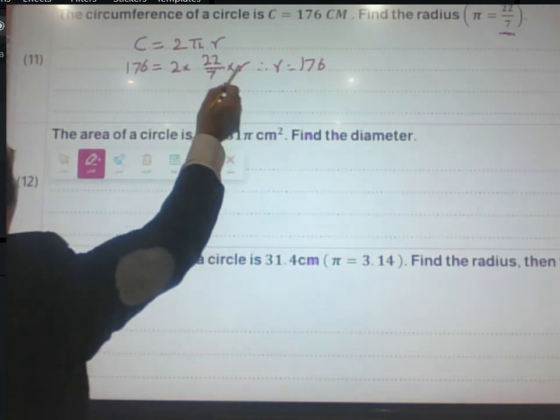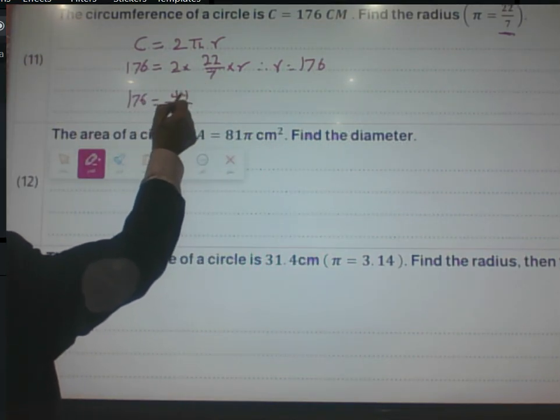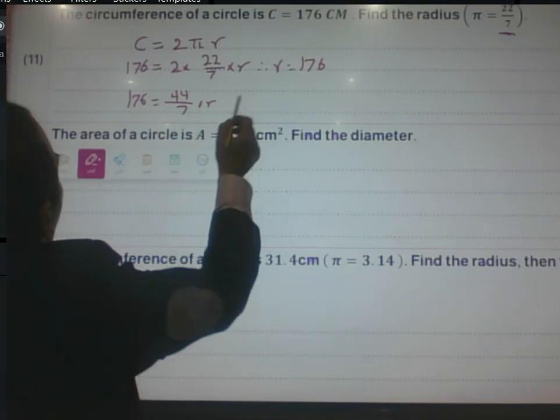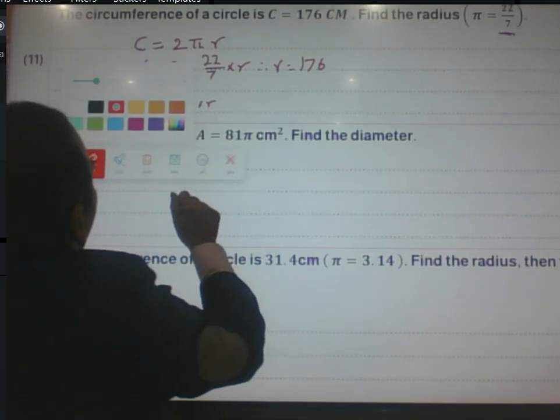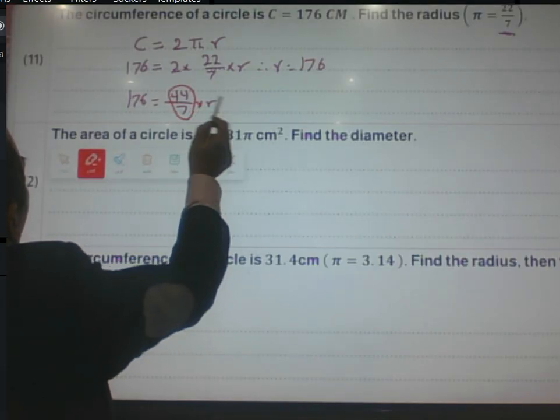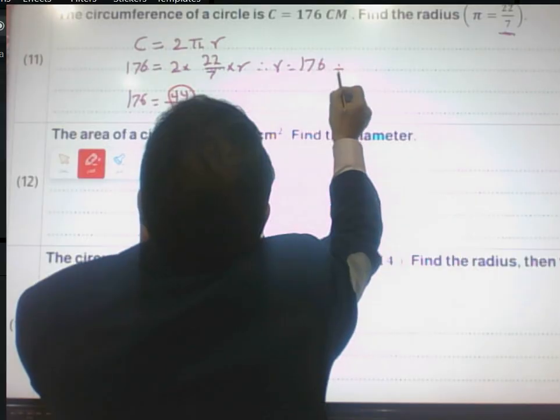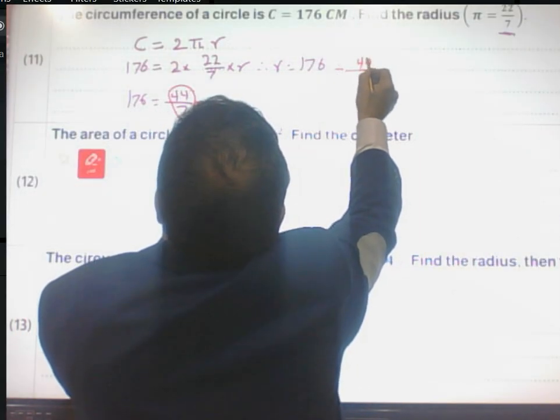176 divided by the coefficient of r. We have 176 equals 44 over 7 times radius. Then we can find the radius here by dividing by the coefficient, right? Left hand side, right hand side divided by the coefficient of r. Then r equals 176 divided by 44 over 7.